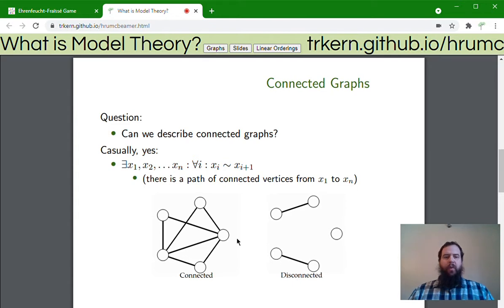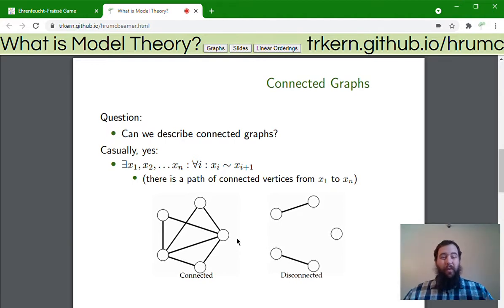And so we can ask questions about various concepts that show up in graph theory. We can ask, is there a formula that captures this concept? For instance, we might ask, is there a formula that can describe what it means for a graph to be connected?